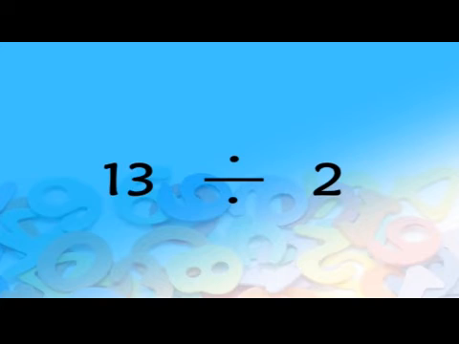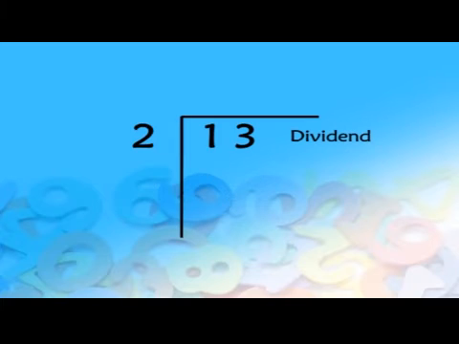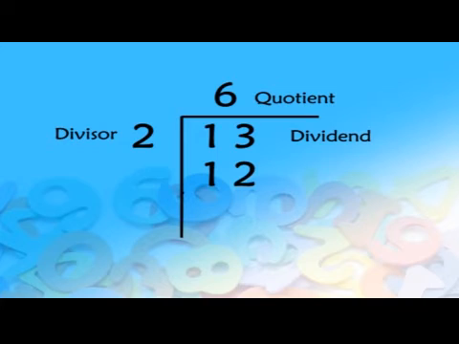Now here it is going to be the number 13. It is going to be divided by 2. So the dividend is 13. The divisor is 2 because it is going to divide it, and the answer or the quotient is 6, and then we get a remainder, that is 1.